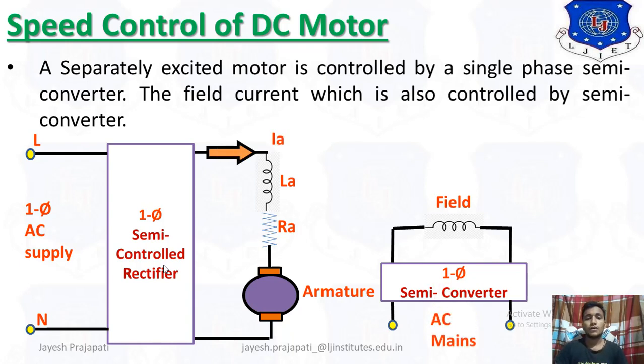If the current flows from this semi converter Ia, then its polarity is plus minus, and here the polarity is plus minus, and if field current flows, it is like this. So that is the basic figure for this example. You can see a separately excited motor controlled by a semi controlled drive on the armature side and also on the field side.